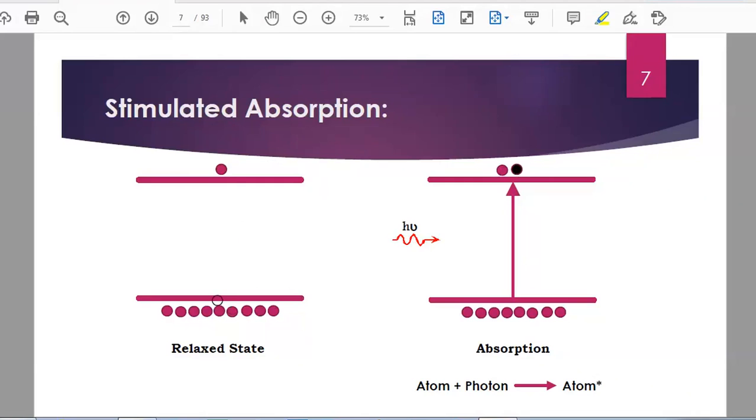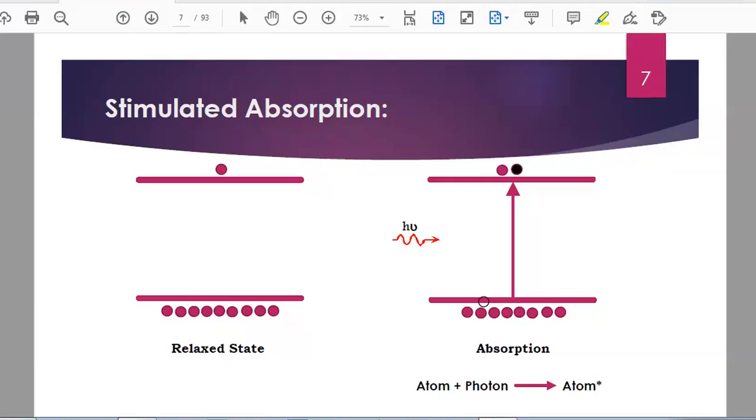If you look at the process, find out which parameters it depends on. First it depends on the number of particles, but for which level? You see the level 1 particles are participating in this process, because from level 1 one particular atom is getting energy and reaching the upper level. So level 1 particles or atoms are involved in the first process.